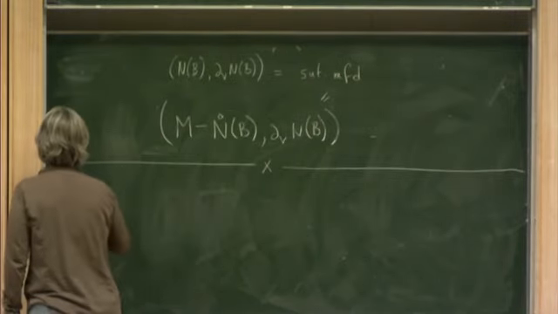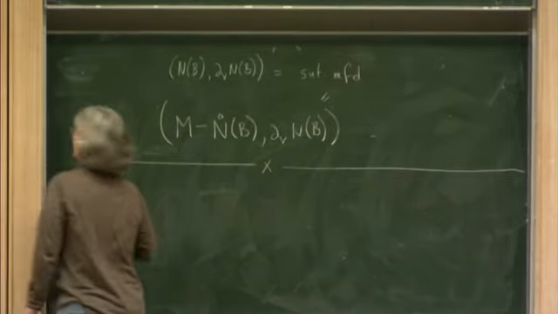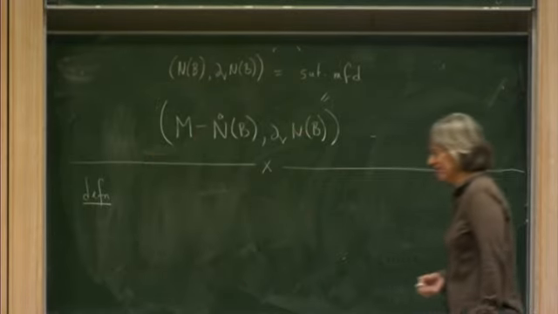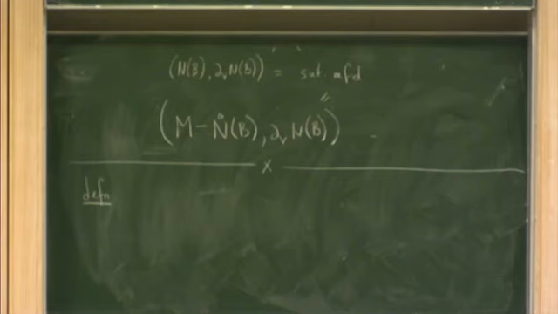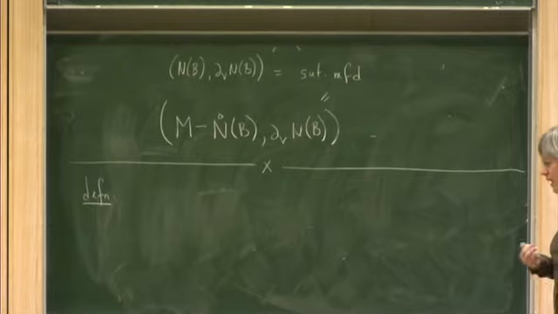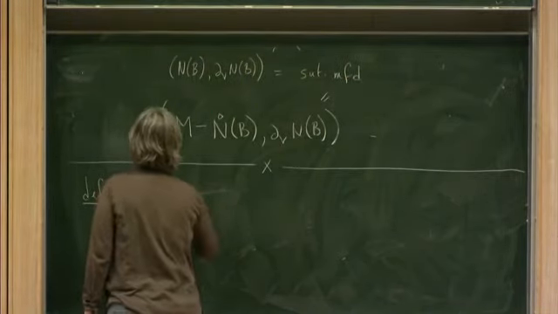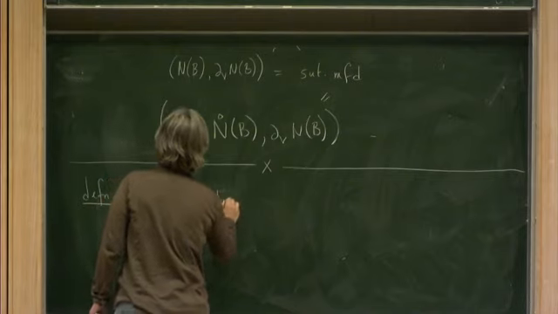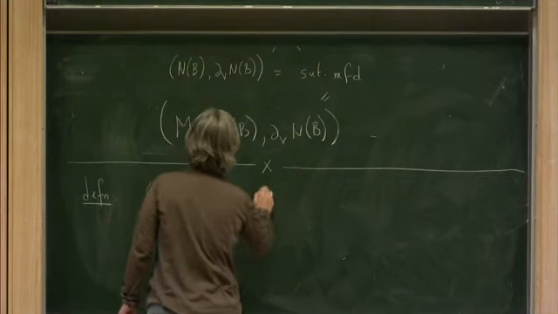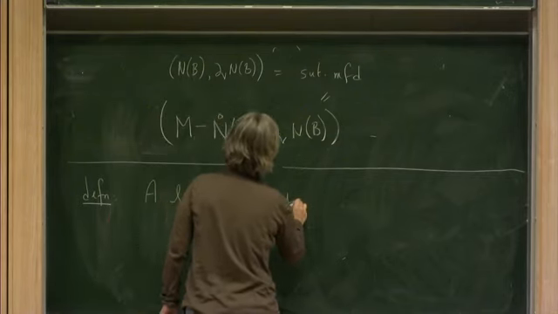I tried my best to avoid using the word lamination, but I decided I couldn't succeed. So a lamination is a slight generalization of a union of minimal sets of a foliation. So a lamination is a foliation of a closed subset of your manifold.